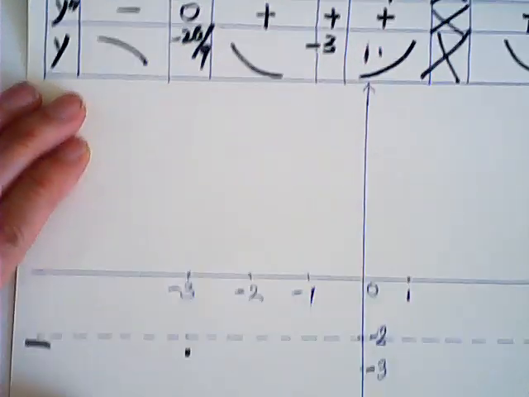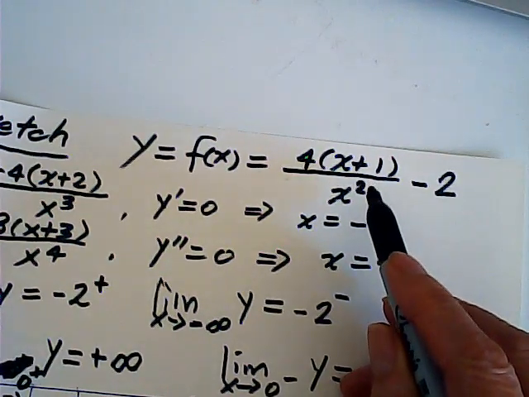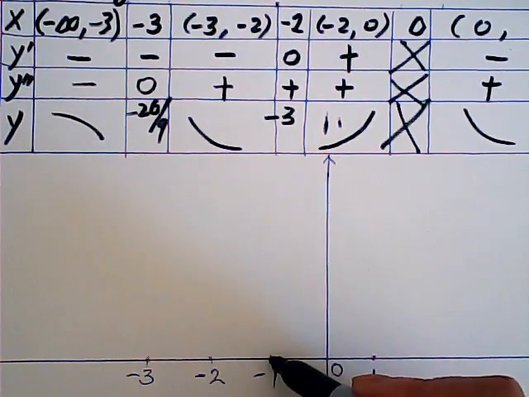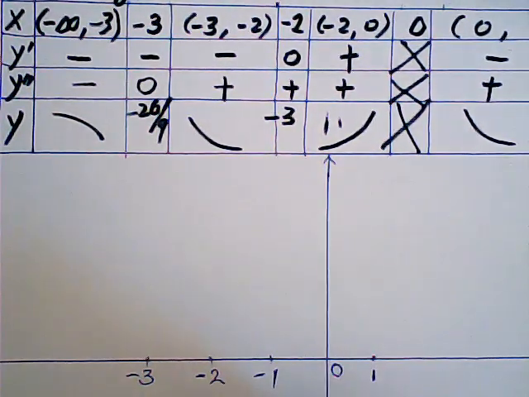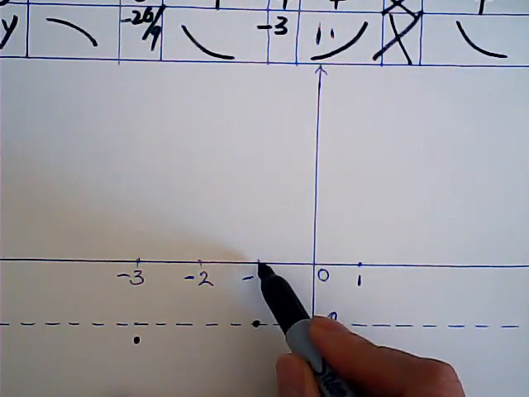This is the point. When x is -1, y is -2. This is the point.